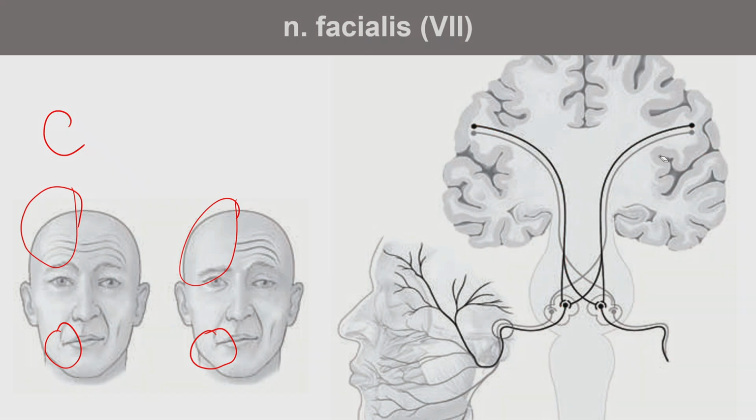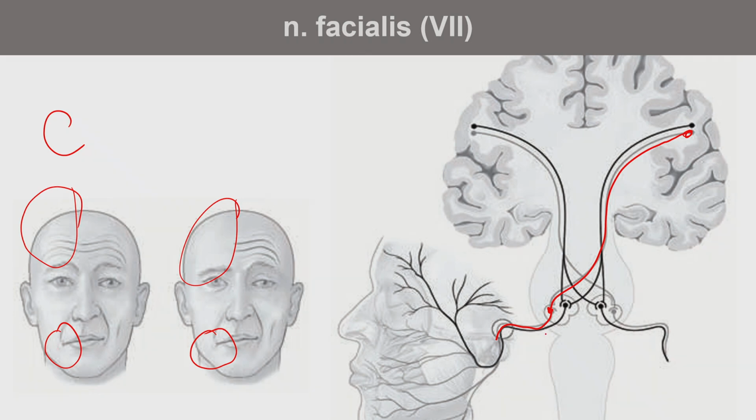The second part is crossed. So from left to right, and then it's going this way. So when you have a central lesion, you have only one side of the angle affected.